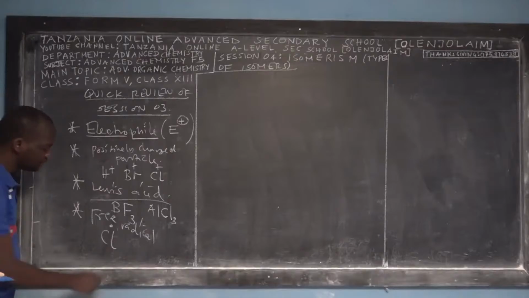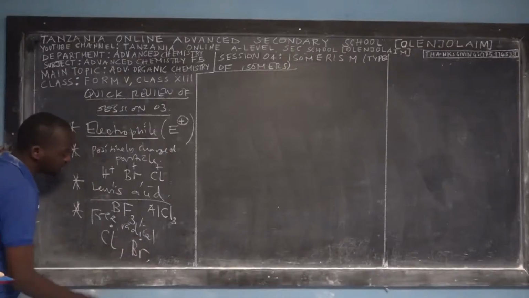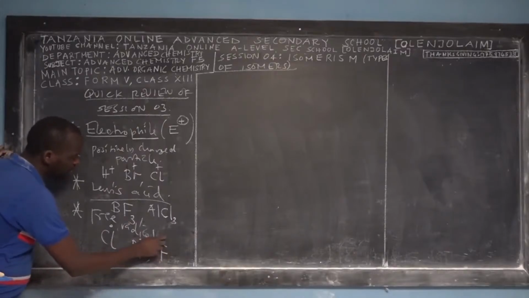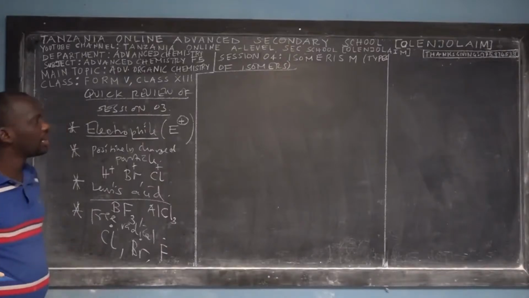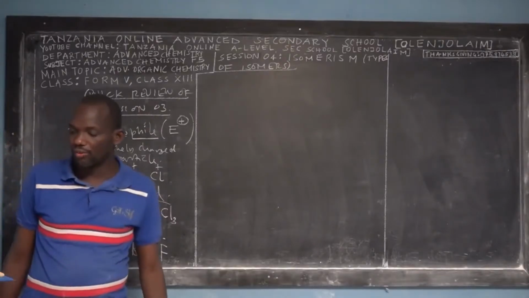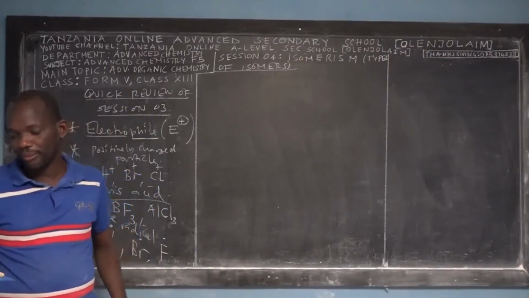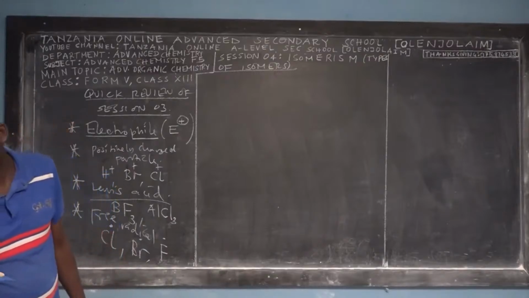You can also have a free radical of F, with a dot. Examples of free radicals are chlorine, methyl as an organic one, and bromine.